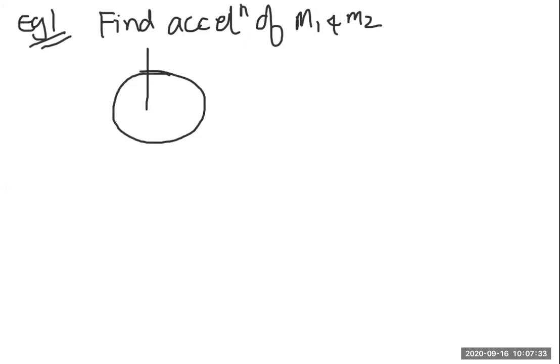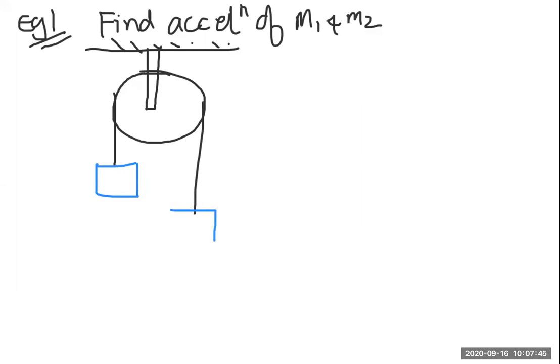So we have a pulley and we have 2 blocks. m1 है ये, m2 है ये, and it is given that m2 is greater than m1.